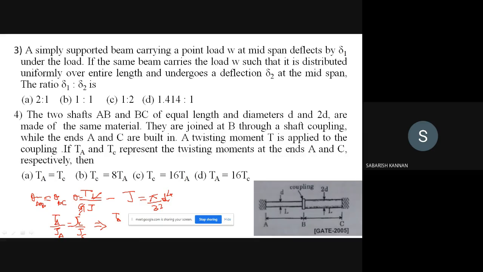TA divided by pi divided by 32 d power 4 equal to TC divided by pi divided by 32.